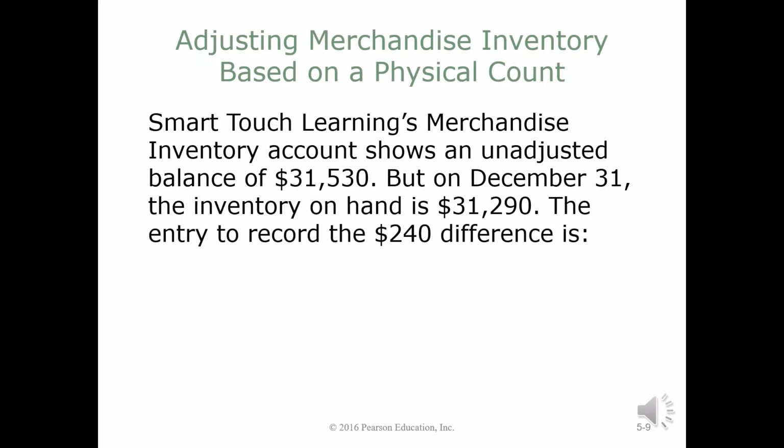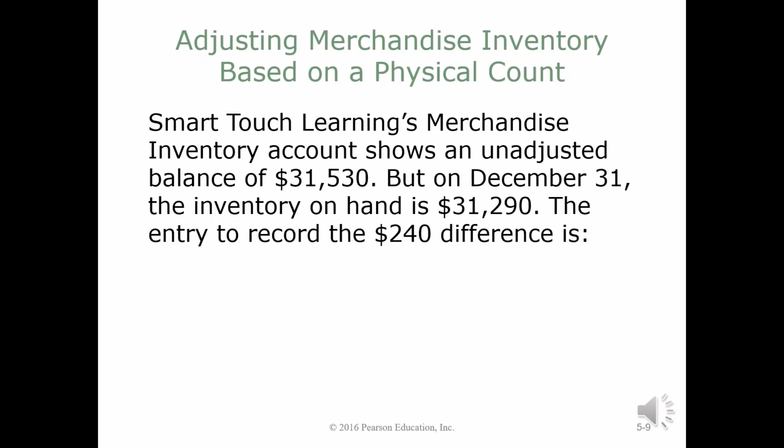In a merchandising company, one of the adjustments that needs to be made is to account for any changes that there might be in inventory based on a physical count. Very rarely will the physical count represent the exact amount that we have in our account in our books.